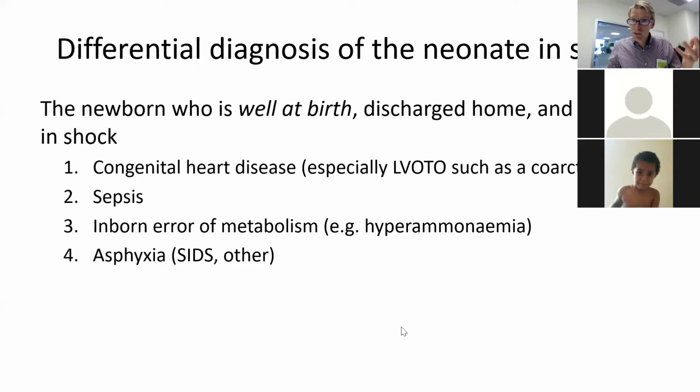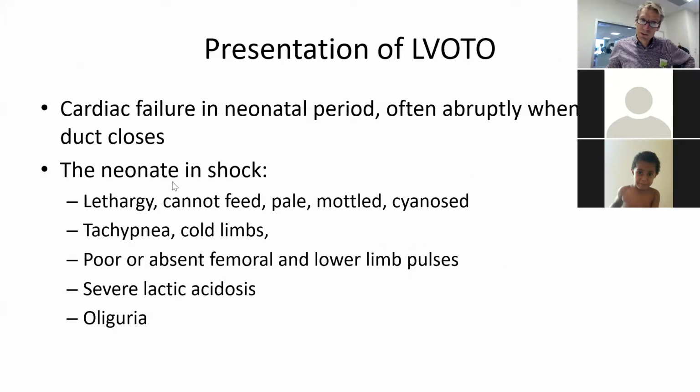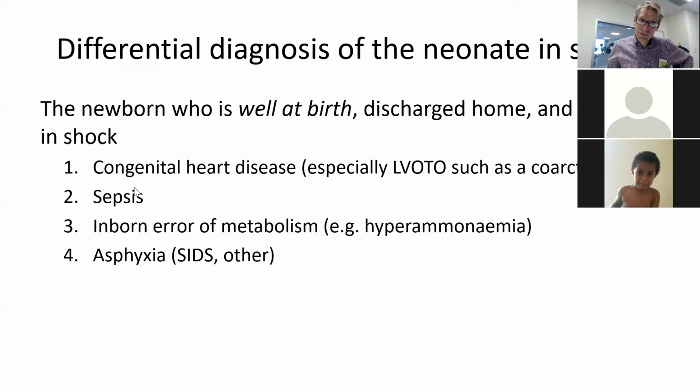They usually go home with their mother and they're well for a few days, and then they go into shock. And it can be because of LVOTO, such as a coarctation or aortic stenosis when the duct closes, or it could be sepsis. These signs, baby can't feed, pale, mottled, cyanosed, tachypneic, cold limbs, they can all be signs of sepsis, can't they? And so sepsis is the second cause.